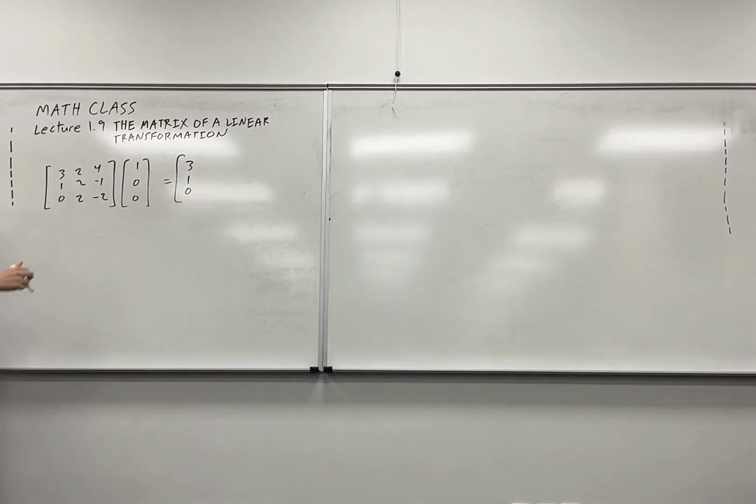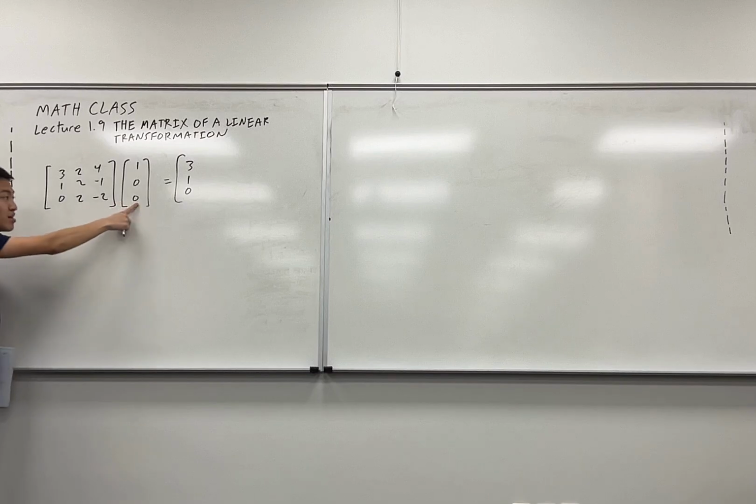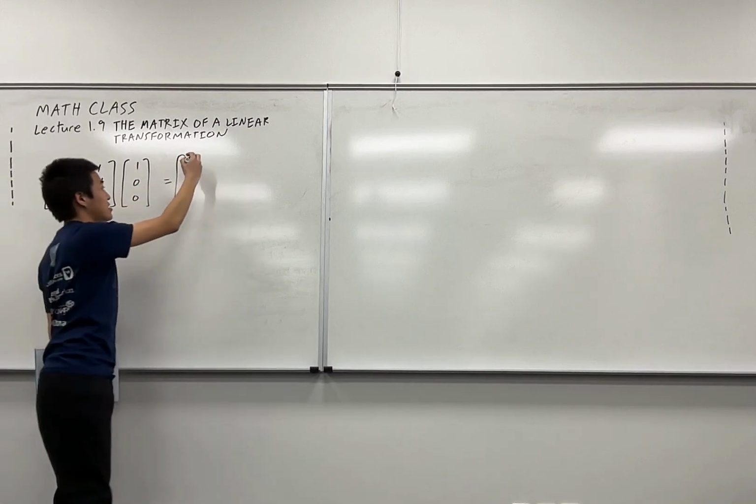If I take 0 and multiply it by anything, what do I get? 0. So 0 times the second column is all zeros, and it doesn't contribute anything. What about this next 0 and the third column? It only goes to 0. So the only thing that survives is this 3, 1, 0.